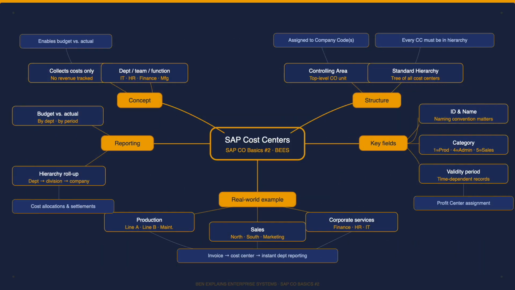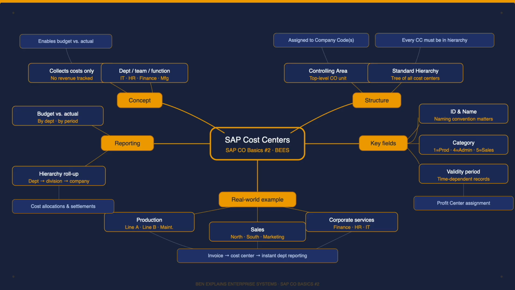Alright, let's wrap up. Cost centers are the foundation of controlling in SAP. They give our organization visibility into where money is being spent, and they make budgeting and reporting meaningful. To summarize, a cost center is an organizational unit that collects costs. No revenue, just costs.